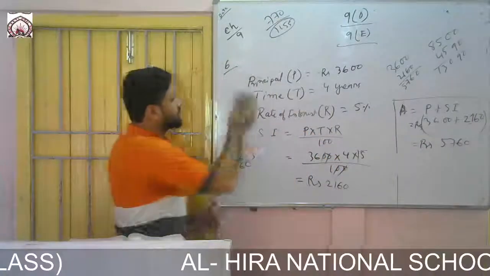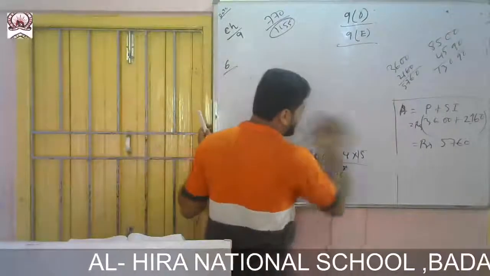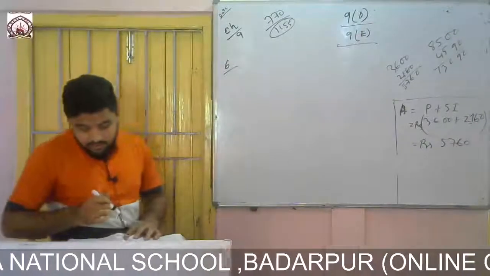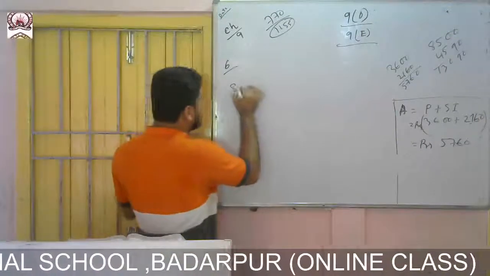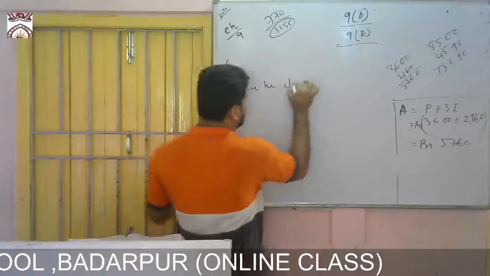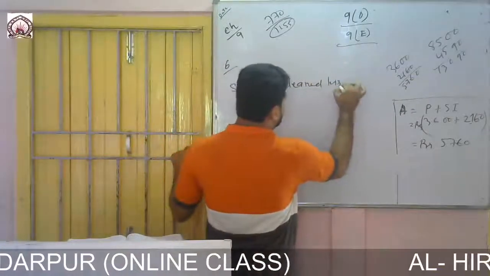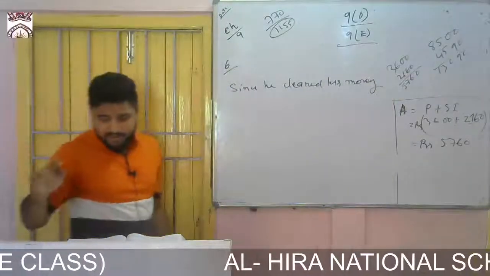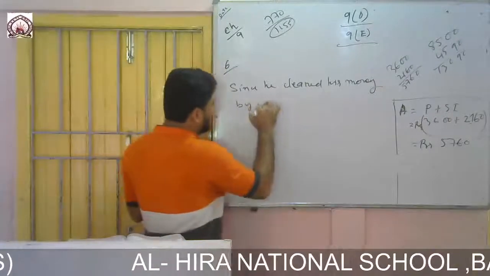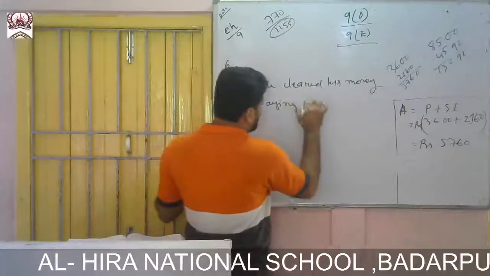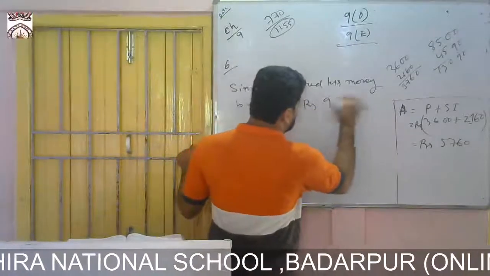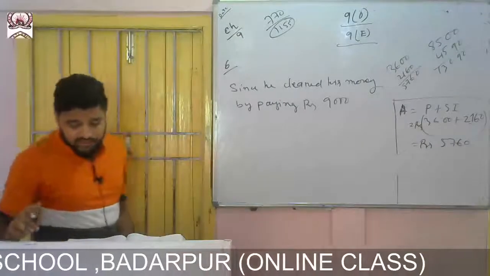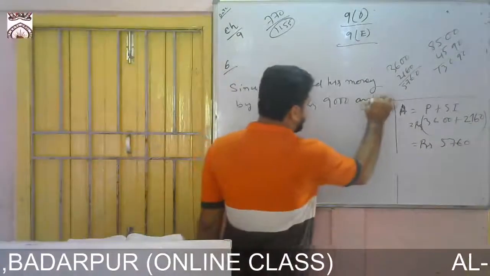So write: since he cleared his money by paying rupees 9,000 and a cow.